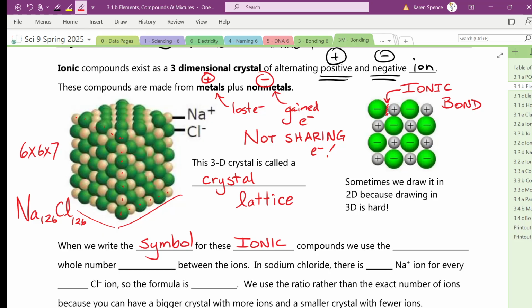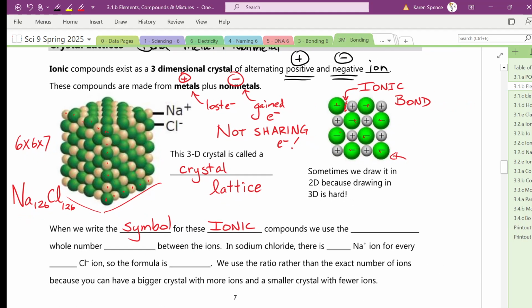Now, if I look at this guy over here, I have 1, 2, 3, 4, 5, 6, 7, 8 of each. I have 8 sodiums and I have 8 chlorides. And if I just go and grab some salt, do I know how many ions I have? I have no idea.